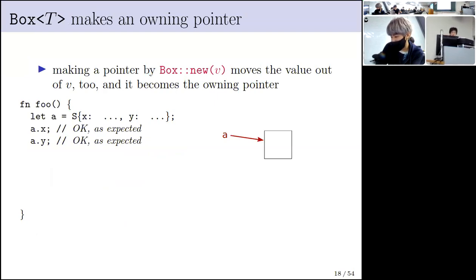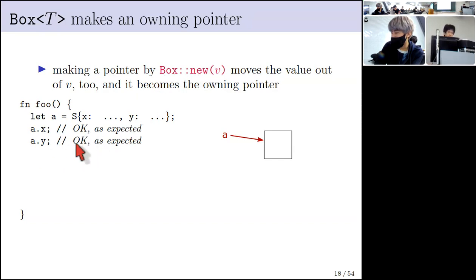Like I said already, Box<T> is a type representing an owning pointer to data T. You can make an owning pointer by this expression, Box::new, with whatever value you want to point to. Just like an ordinary function call, this is actually moving the value out of V. So this entire expression becomes the new owning pointer.